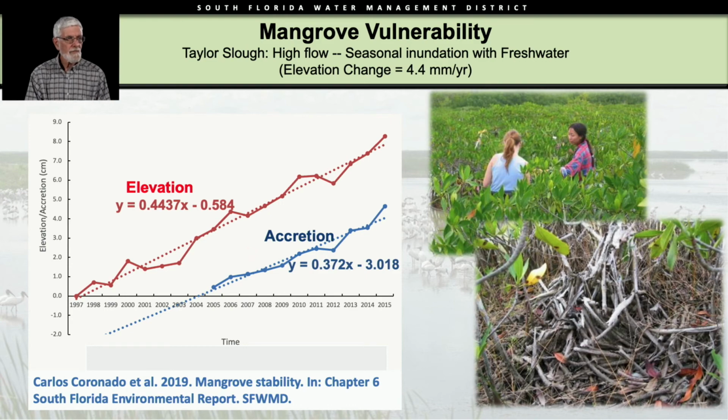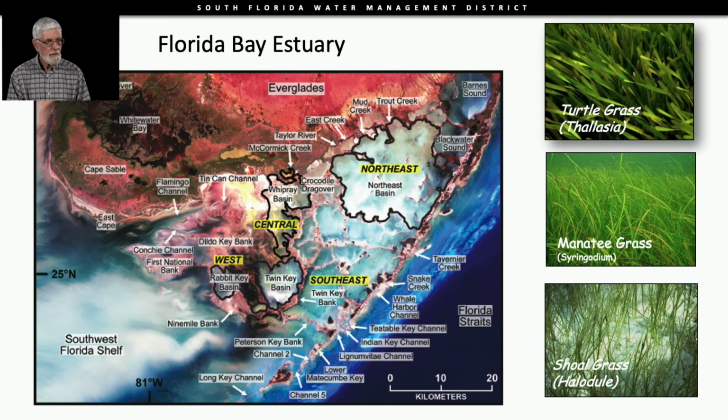And finally, we go to Florida Bay. Florida Bay, at the very southern part of Everglades National Park, is made up of 27 separate basins. It may be the most complicated estuary in North America. It has major seagrass beds, turtle grass, manatee grass, and shoal grass.